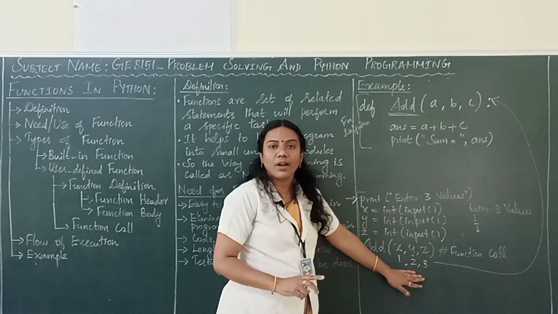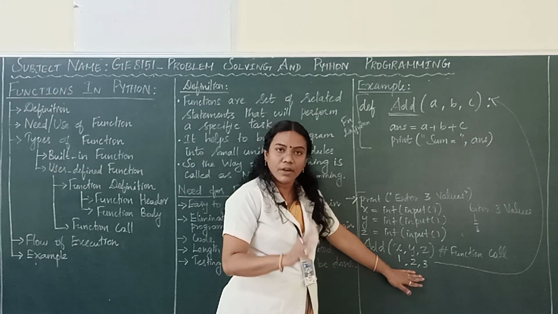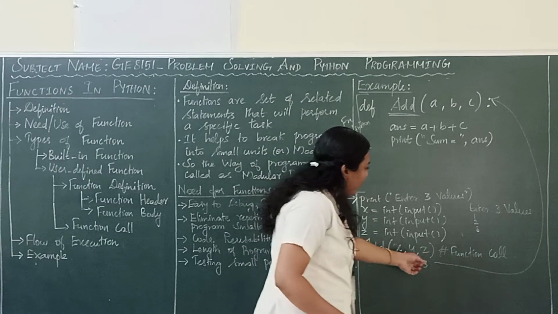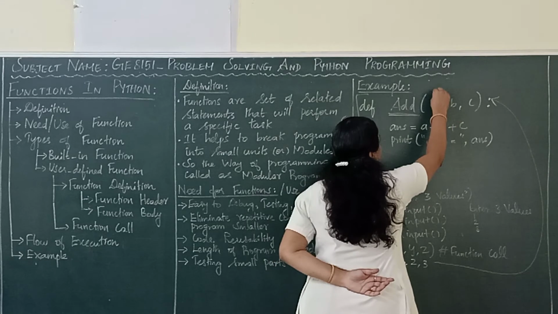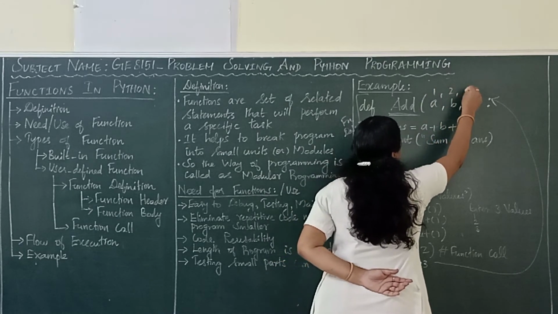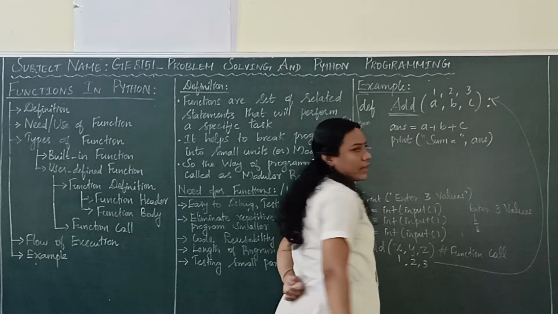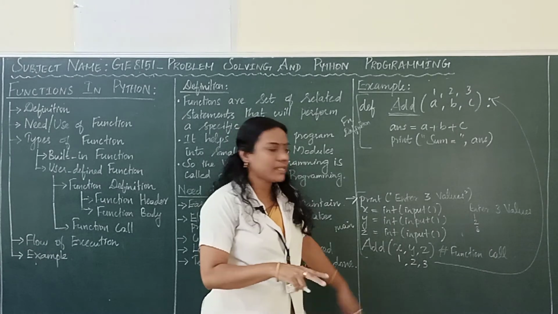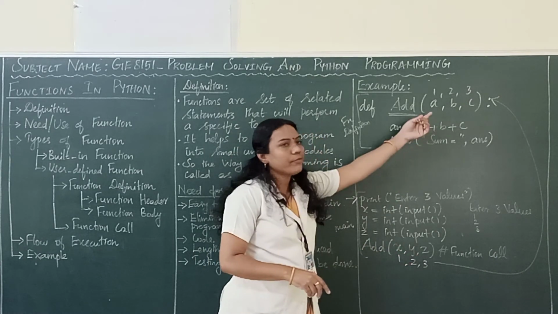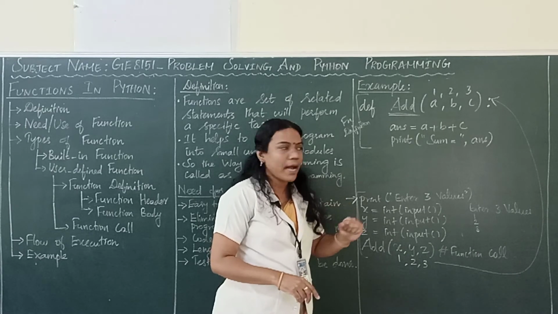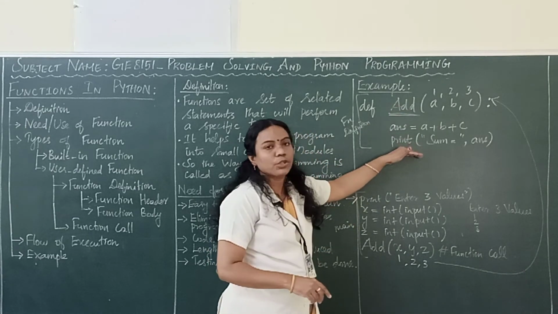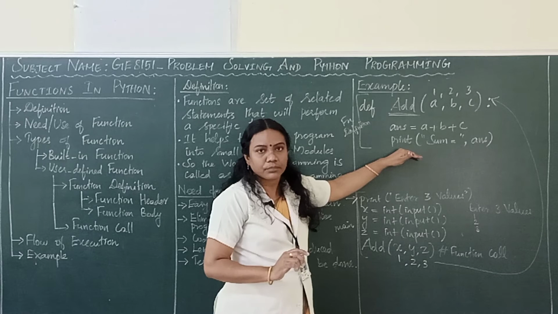In the function call, 3 arguments are there, so the value 1 will be passed to A, 2 to B and 3 to C. The number of arguments is the same in the function call and the definition, so the corresponding definition portion will get executed.